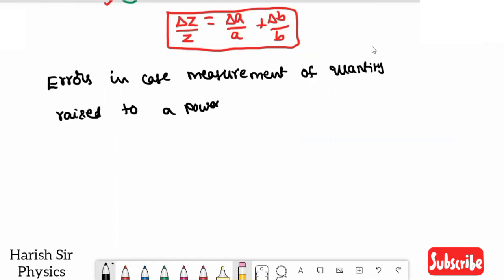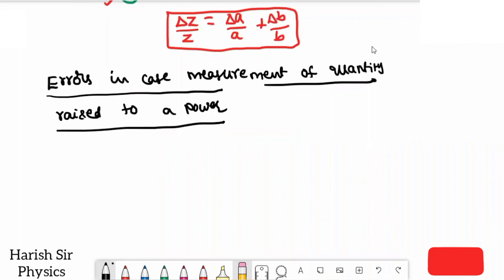Suppose in terms of power, most of the objective questions are based on this, even the NCERT questions we can solve based on this. Suppose Z is equal to A square, otherwise 3A cube. If they give a power like this, how to take the error? You can follow the steps here.